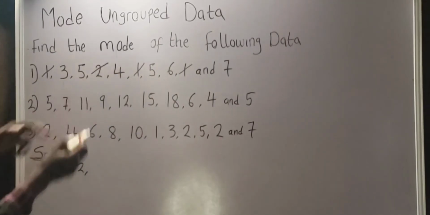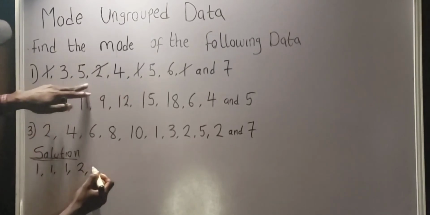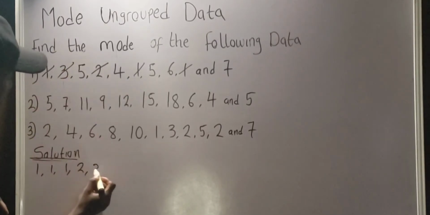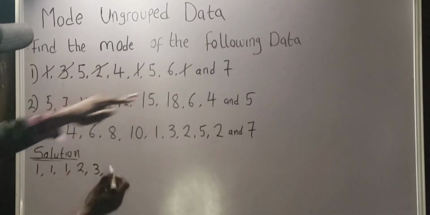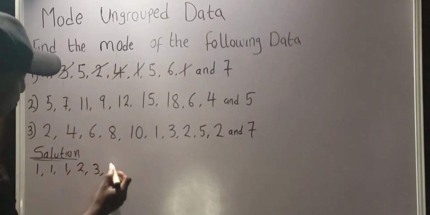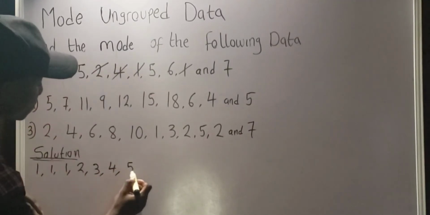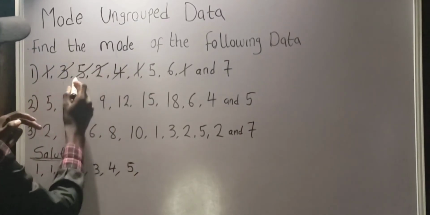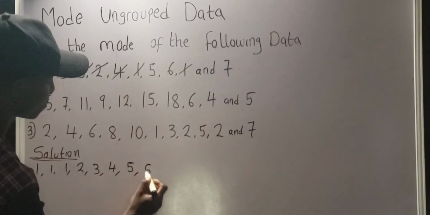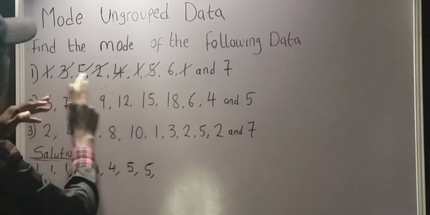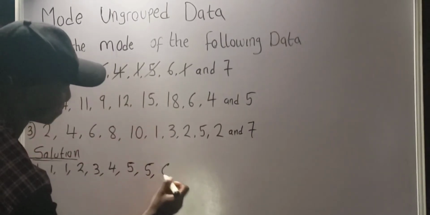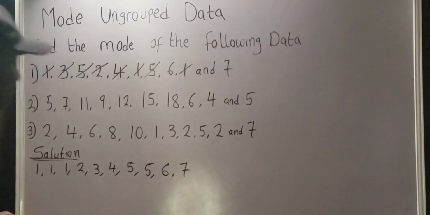Then I've already written 2 also. So I have 3. So I have 4. Now, then 5. I have another 5. Then 6. So I have already arranged this data set in an ascending order.